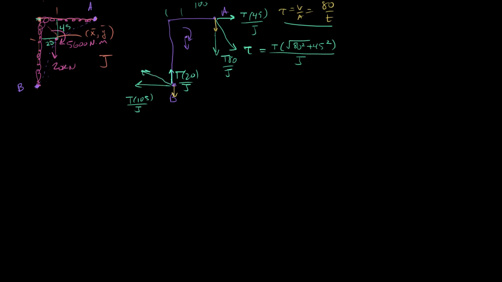We also have to include this shear value, but we'll do that in a second. And this is T times the square root of 105 squared plus 20 squared over J.